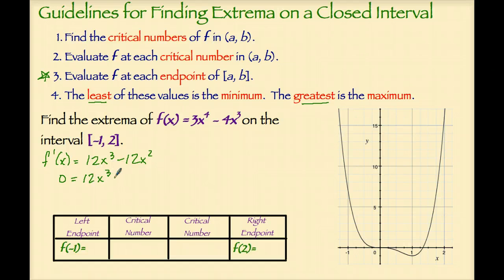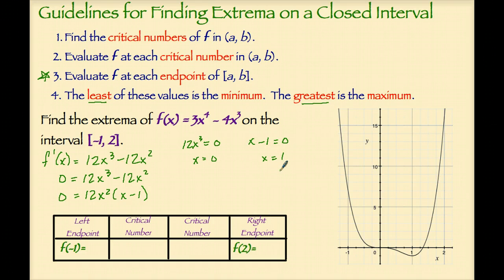When I set the derivative equal to 0, I'm going to factor out the 12x squared, and that's going to leave a factor of x minus 1. Each of these factors set equal to 0 will generate a critical number. x equals 0, and x minus 1 equals 0 gives me x equals 1.